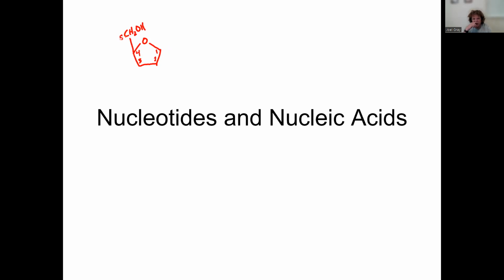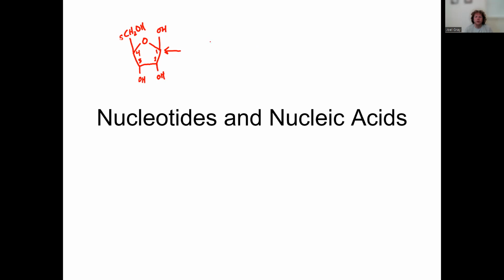Okay, so there's my 5 carbons. What I also have is carbon number 1 is a newly formed stereocenter, or newly formed chiral carbon. I'll just go ahead and put my hydroxide group going up. Then on carbons 2 and 3, I'm going to have hydroxide groups going down.